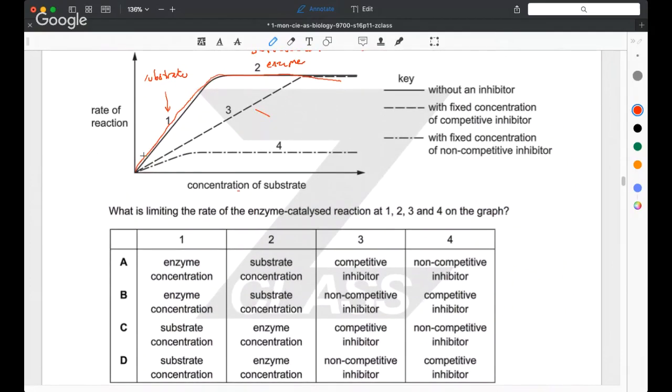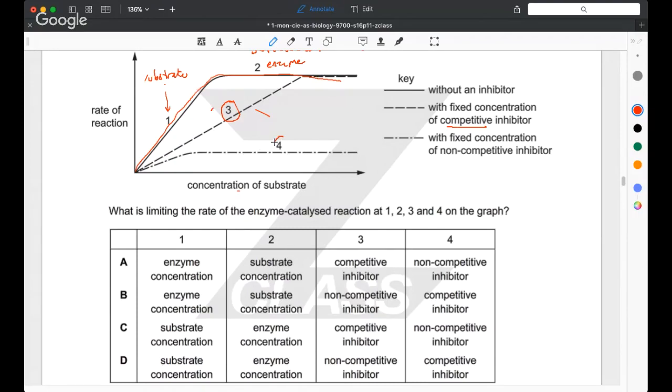Now, at this point here, the reason that the rate is lower, of course, is because you're using a competitive inhibitor. So at that point there, the competitive inhibitor is stopping the substrate binding to the active site.